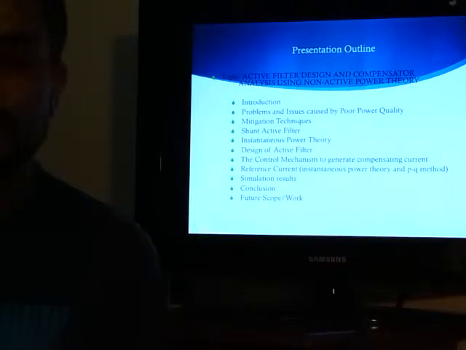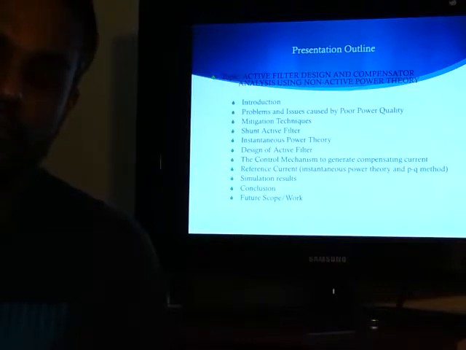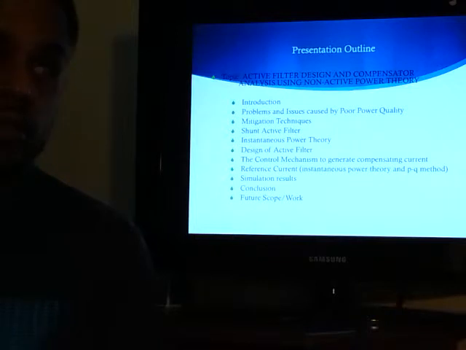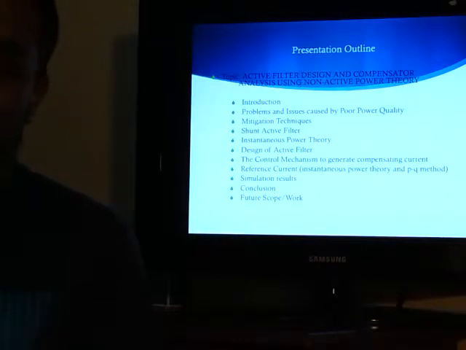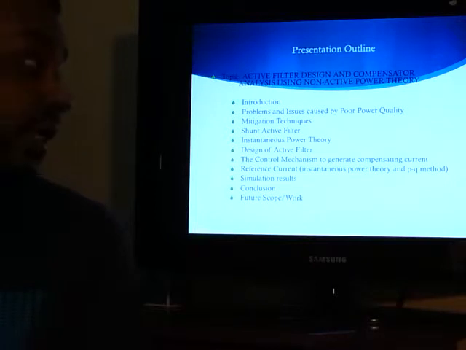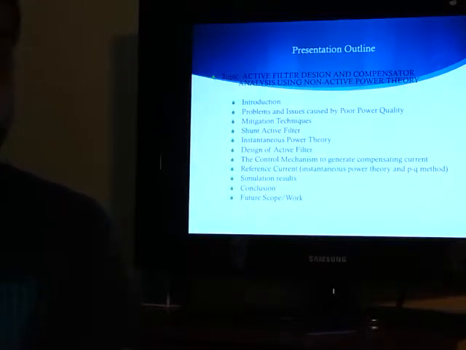In order to understand how a shunt active filter works and the compensating current that gets generated, one has to understand instantaneous power theory, instantaneous non-active and active power theory, followed by the design of the active filter and then the control mechanism, because in order for the active filter to generate compensating current, its IGBTs need to be controlled in such a manner that the compensating currents are right.